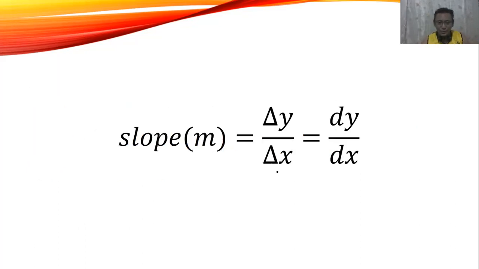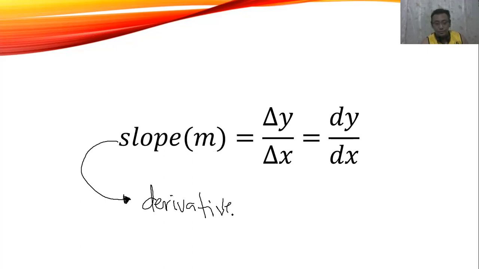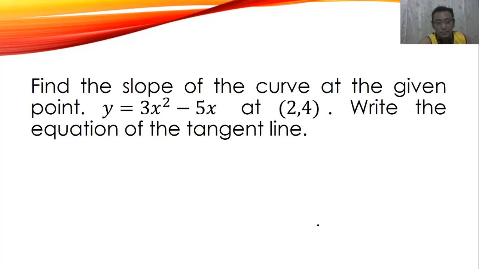In calculus, we should know that the slope m is equal to the delta y over delta x or simply dy over dx, or in other term, the slope is also equal to the derivative of the function given.